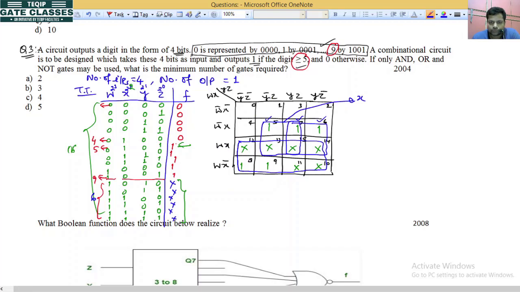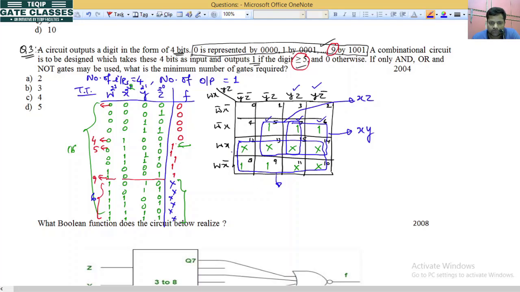From the column side y bar z, yz, so it will be z. For the second quad, x from the row, and from the column we have yz bar and yz, so y is common.